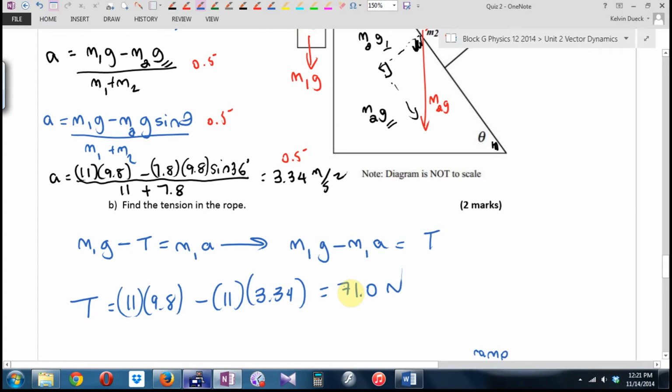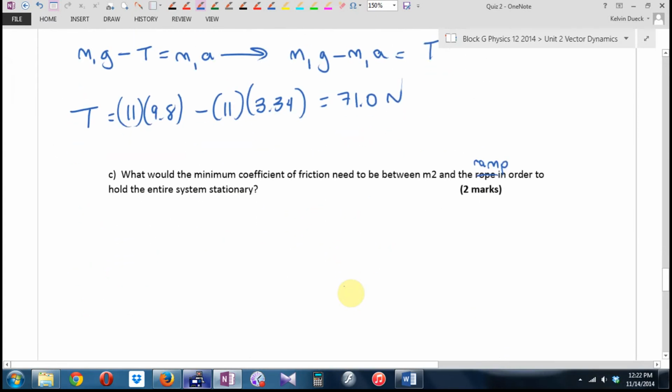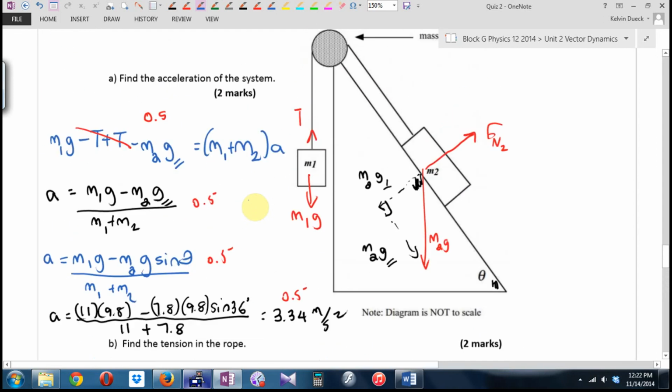Okay, mini curveball. What would the minimum coefficient of friction need to be to hold the entire system stationary? Which way is mass 2 moving right now? Up. So to hold it stationary, which way do I need to point friction?